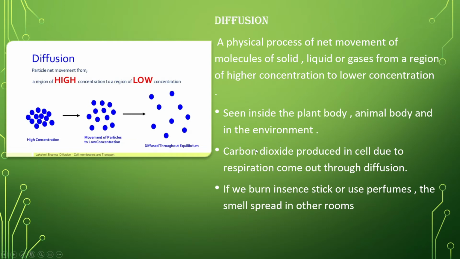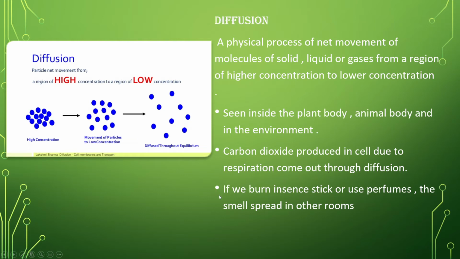In the plant body, carbon dioxide is produced in cells during respiration, and that carbon dioxide gas is released out from the body through diffusion.